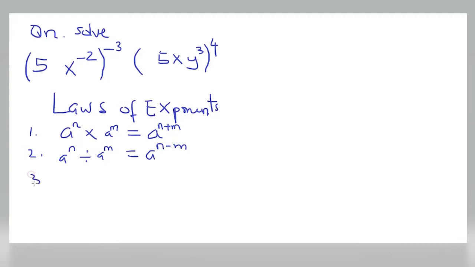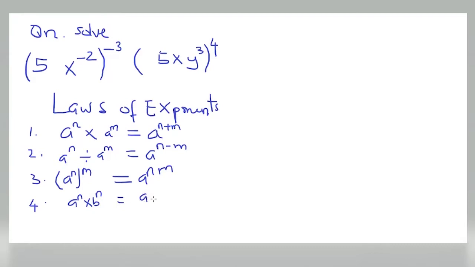Rule number 3, if you have a^n and outside you have another exponent m, (a^n)^m, this is always equal to a^(n times m), which is a^(nm). Rule number 4, if you have a^n times b^n, these have a common exponent, then you can combine the bases with the common exponent.